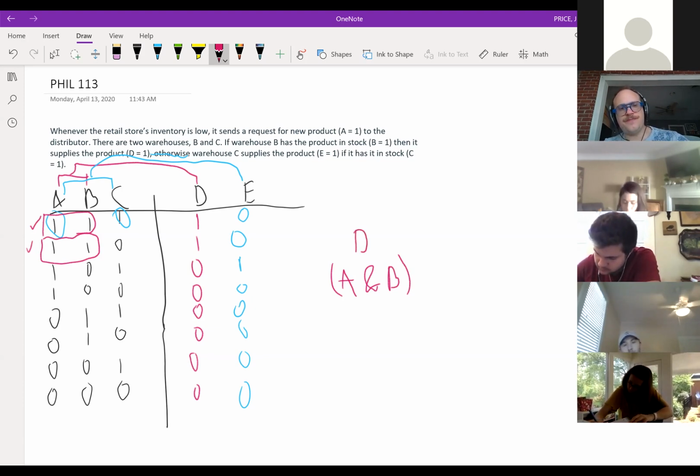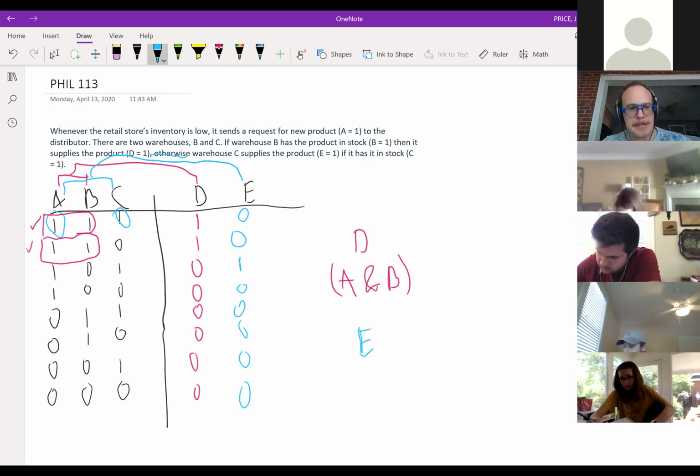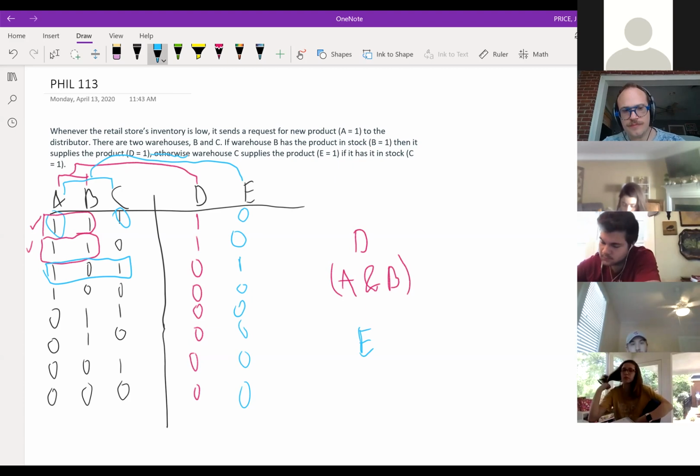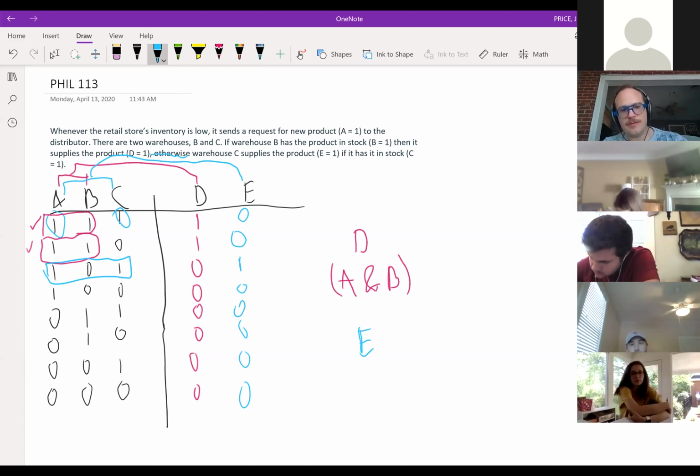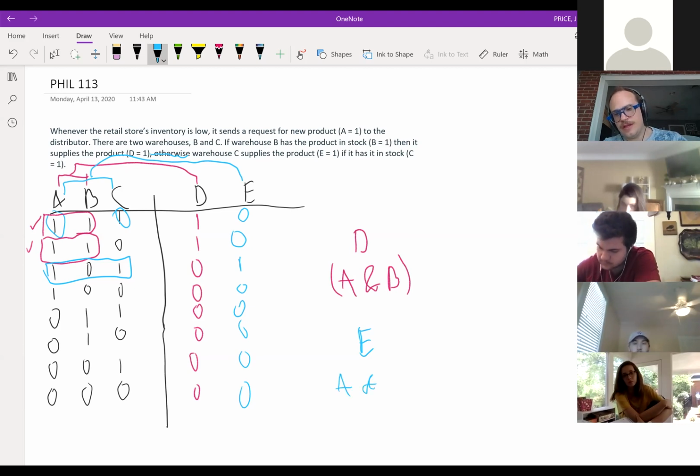So that's for D. And then for E, all 4 of these make a difference. So we have to represent all 4 in one general conjunct. A and not B, what a terrible conjunction symbol. Whoa, I can't write today.